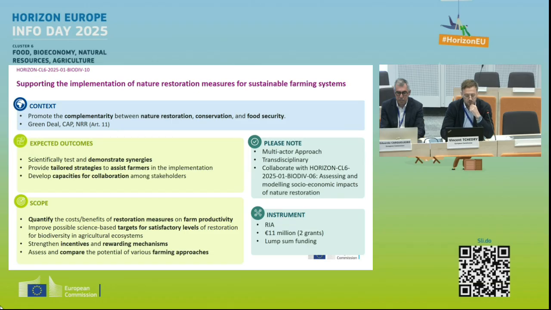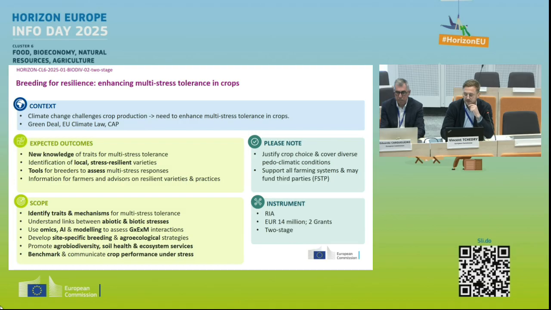So I will move on straight to the next topic, and then we open the floor. So this topic aims to develop breeding varieties that are resilient to multiple stress factors. So as everyone is aware, there's an increasing risk, and it's challenging to adapt to irregular weather patterns.